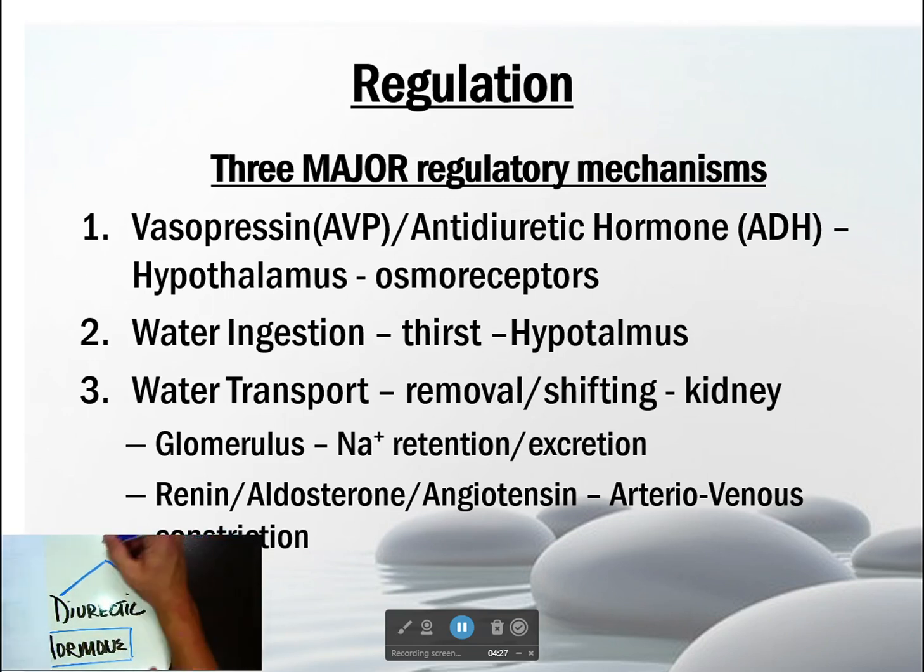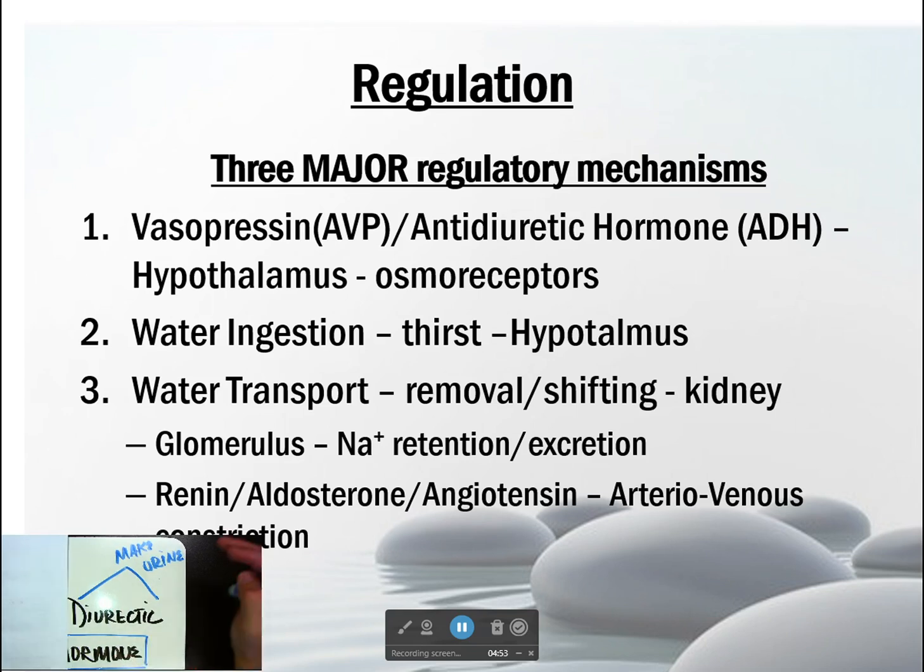What we mean is make urine. You are familiar with diuretics like Lasix, like hydrochlorothiazide, spironolactone. When you give those drugs to people, what does it do? It makes them pee. So, diuretics make urine.